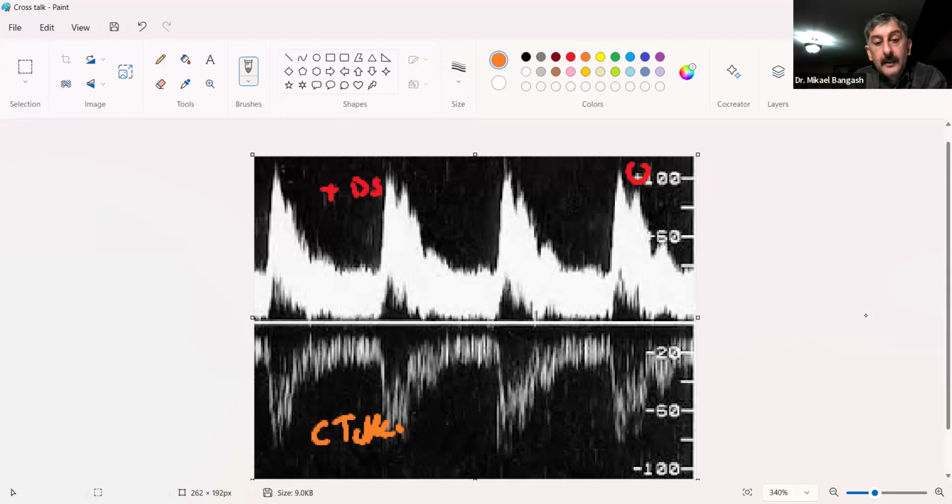Now please keep in mind, guys, they may flip the picture upside down. Clear? Mainly to check whether you know that when we see something like that, the one that is dark or less bright is the artifact, the crosstalk.